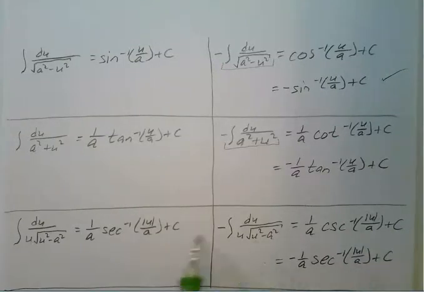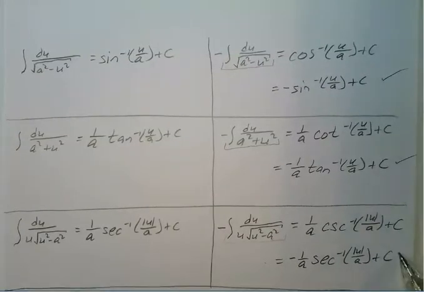And once again, if you have that negative factored out, it could just be negative 1 over a times secant inverse of the absolute value of u over a plus c. Once again, these forms with the check marks are the most popular forms, but not the only one. So in the examples, you will see the answer written as both.